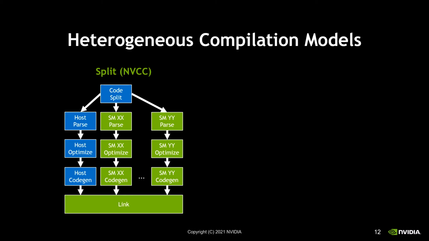The code is independently preprocessed, parsed, analyzed, and optimized multiple times, once for each target. While NVCC has control over the device compilation, host compilation is controlled by the host compiler that NVCC is paired with. NVCC must work within the parameters and constraints of what that host compiler supports.